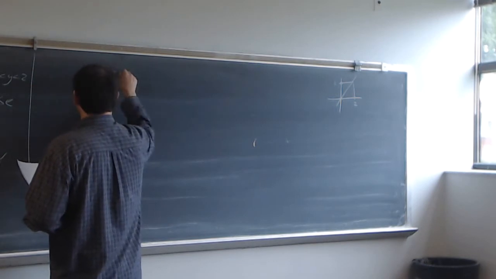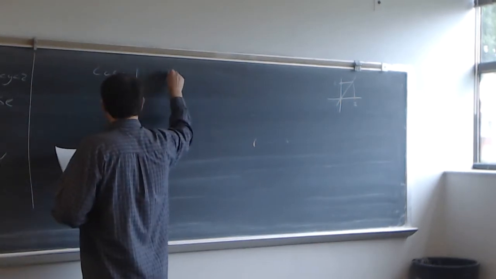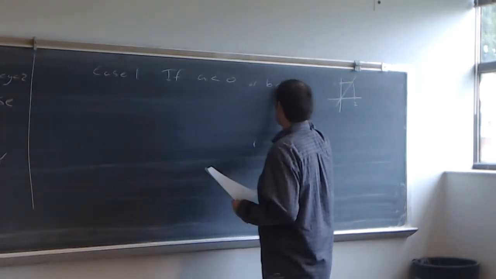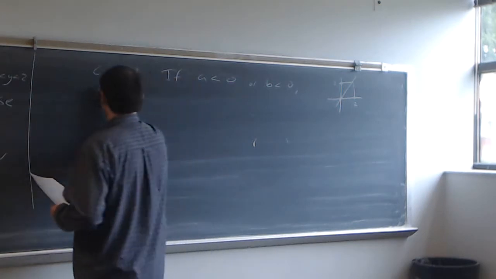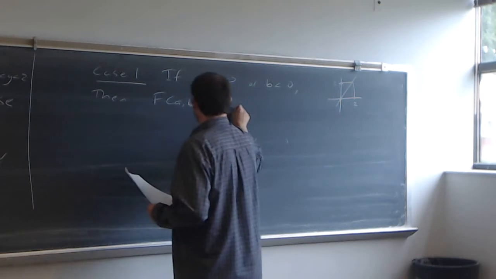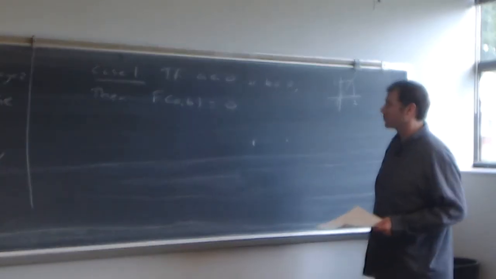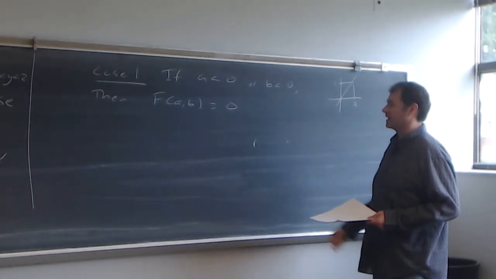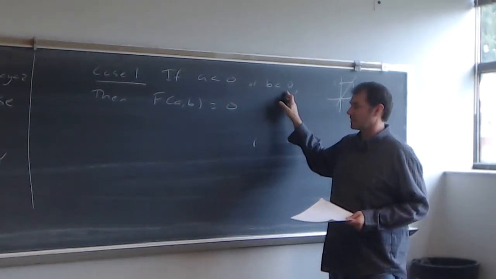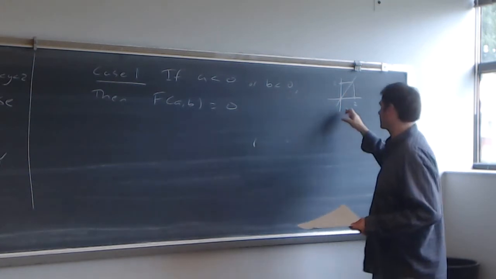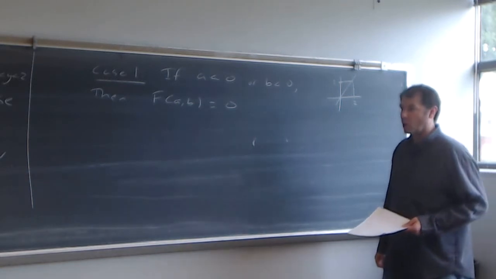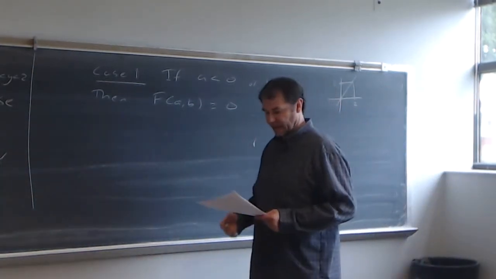In case 1, if a is less than 0 or b is less than 0, then F of a, b is going to be equal to 0. For the probability that x would be less than some negative number, or y would be less than some negative number, that's going to be 0 because you'd be integrating the 0 part of the joint PDF.